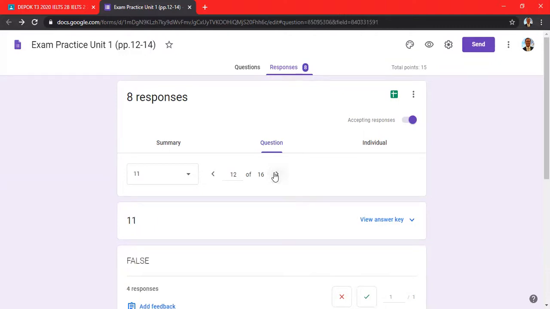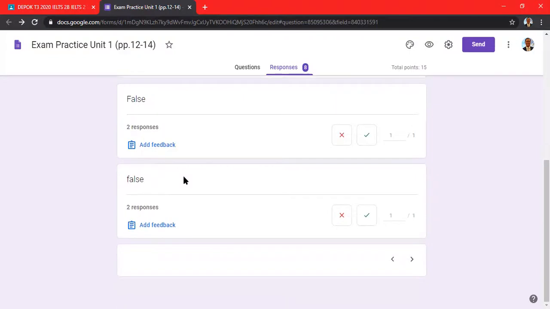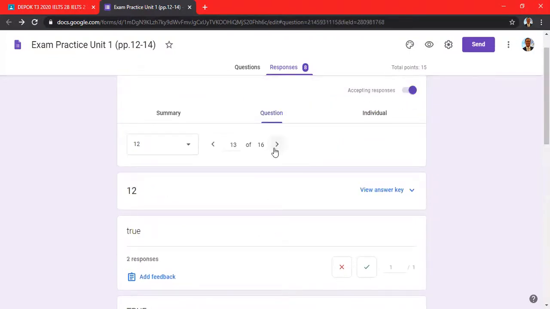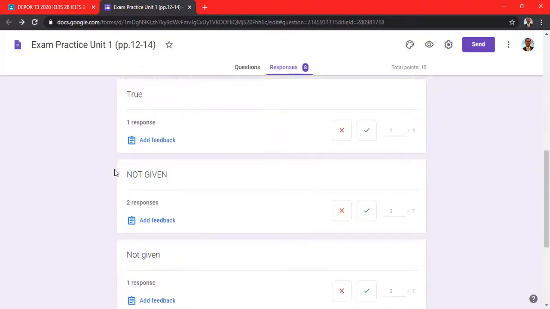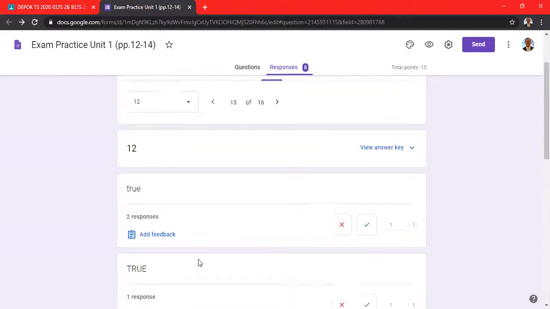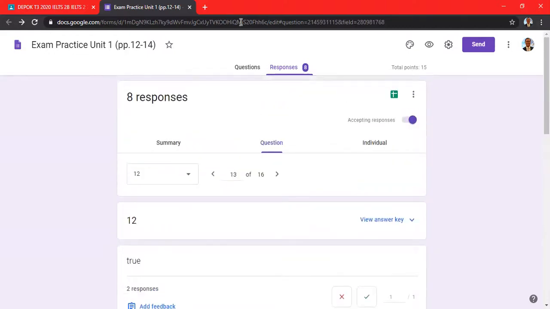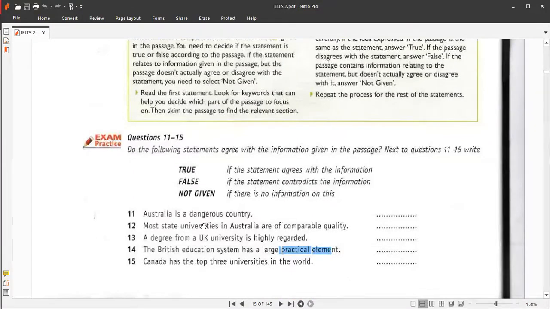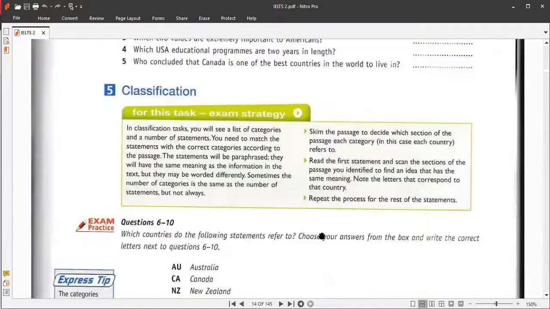Now let's go to the true, false, not given. False, false, false. All right. Some of you say it's not given for number 12. Okay, let's see again. Number 12. What was it about? Okay, are of comparable quality. Oh, I see.